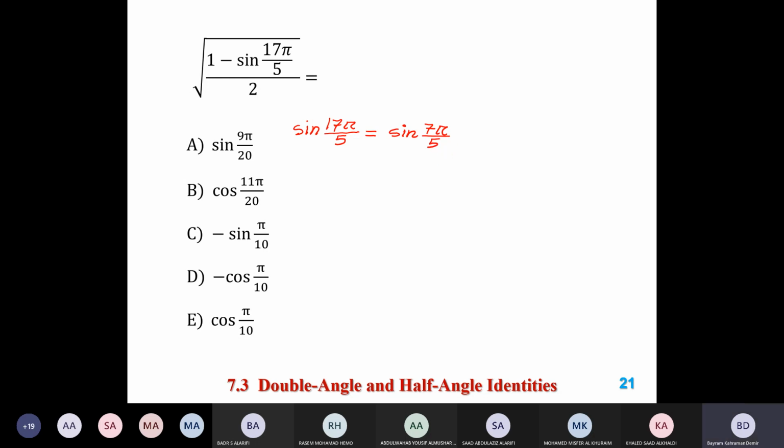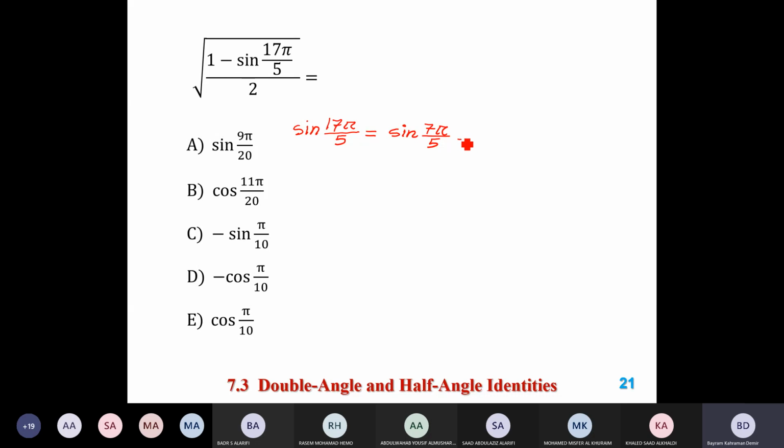Who's going to tell me what I did now? Coterminal or reference? How did I get 7 pi over 5? Coterminal angle. You divide 2 pi. Coterminal. So I subtract 2 pi, right, Shabab? It is 7 pi over 5.